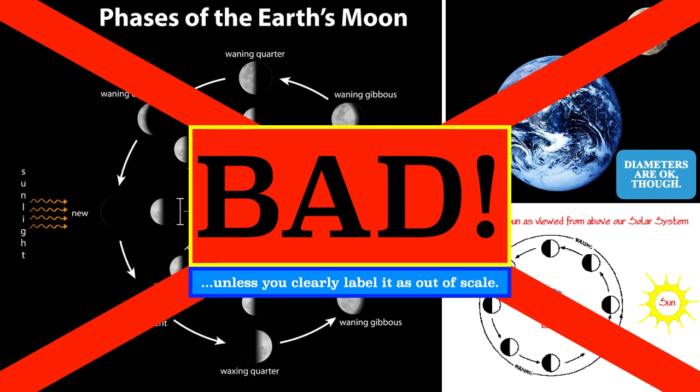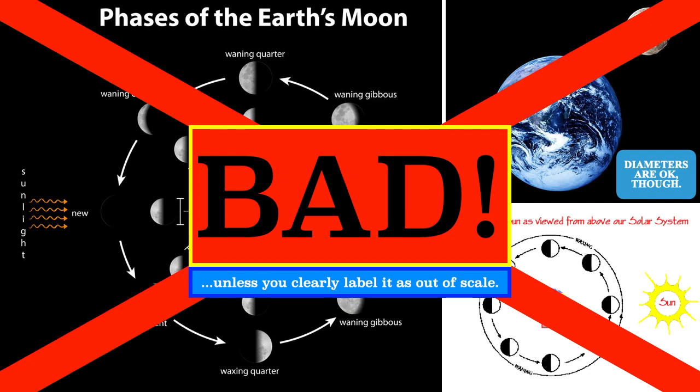So scales are important in making diagrams. Now, these diagrams are helpful for teaching certain things. It's not essential, but you should make a note in your diagram that it's not truly to scale, because these are all about phases of the moon: gibbous moon and full moon and new moon and all that stuff, which is important.